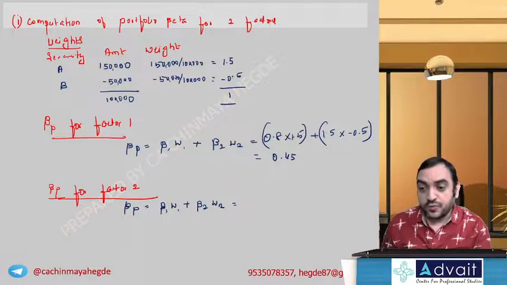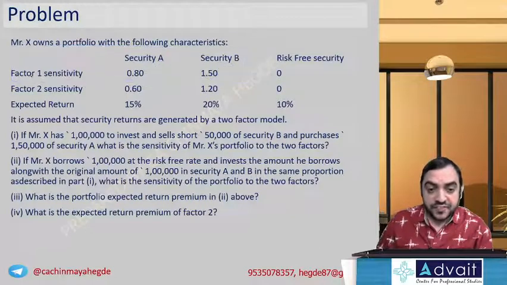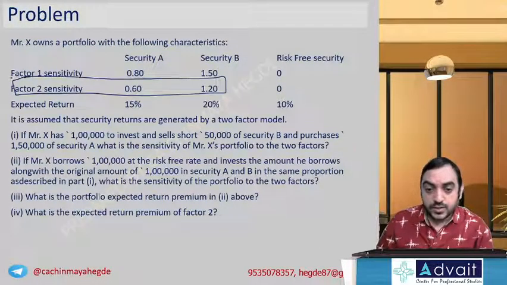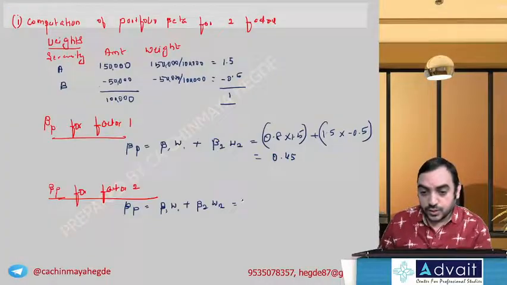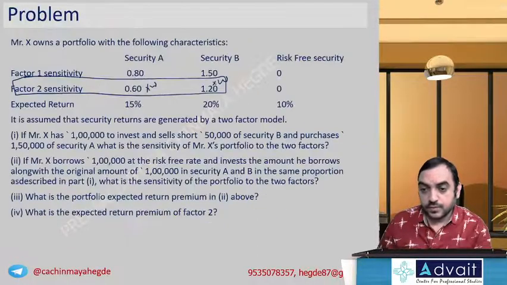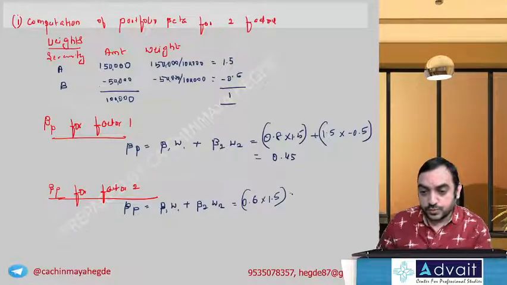Okay. Similarly for the second one, the second factor. 0.6 and 1.2 we have. So 0.6 multiplied by weight and 1.2 multiplied by weight. So 0.6 into 1.5 and 1.2 into minus 0.5.